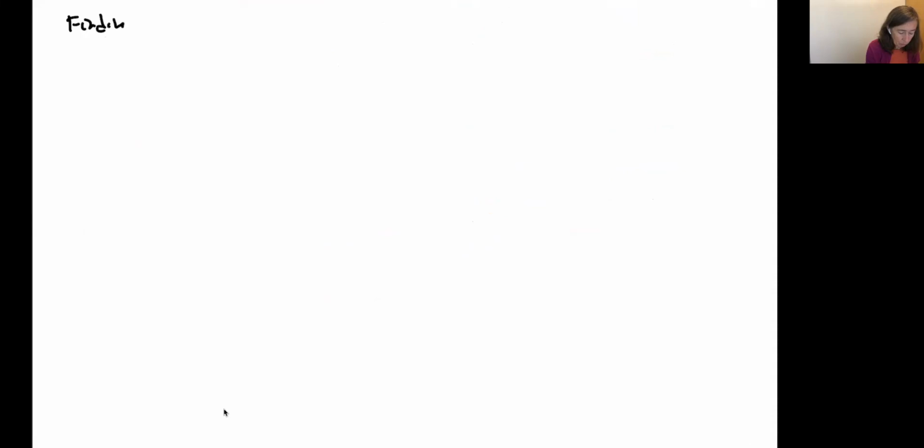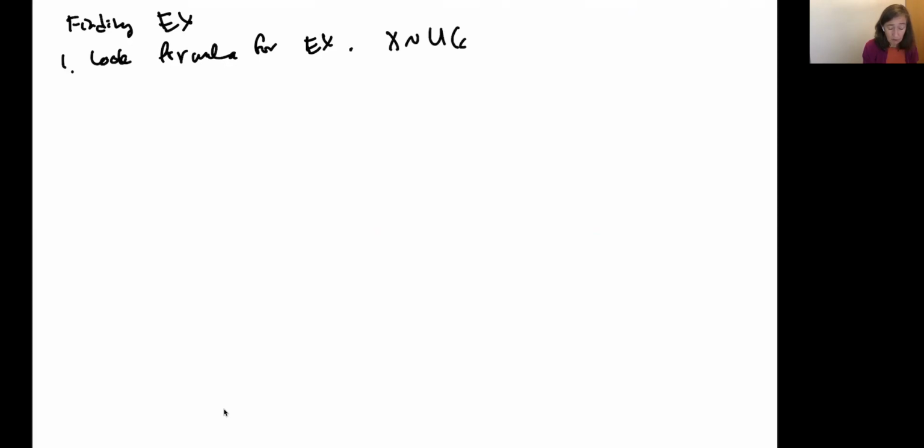Finding the expected value. Again, you can look it up. For many of these random variables, you can look up a formula. So for the thing that we are thinking about, if X is uniform on C to D, we found again in, I can't remember, I think it was lesson 7B, that the expected value for any uniform random variable, uniform on the interval C to D, is just the midpoint.